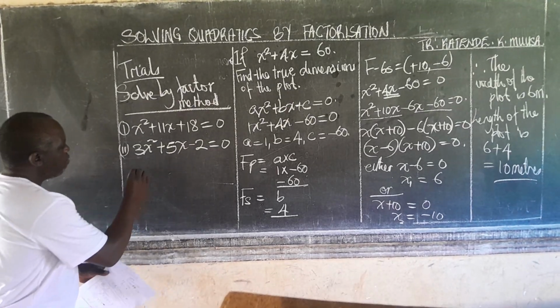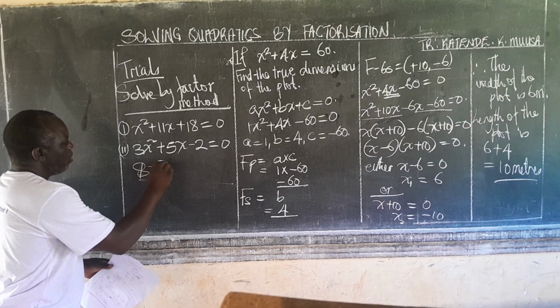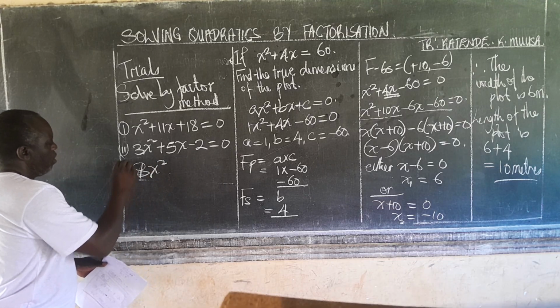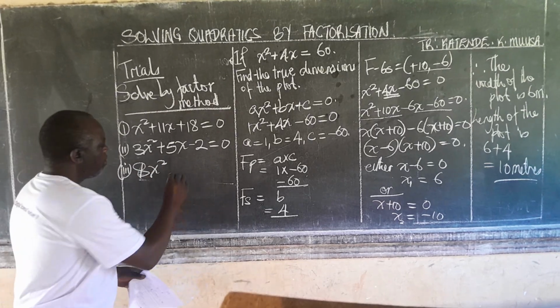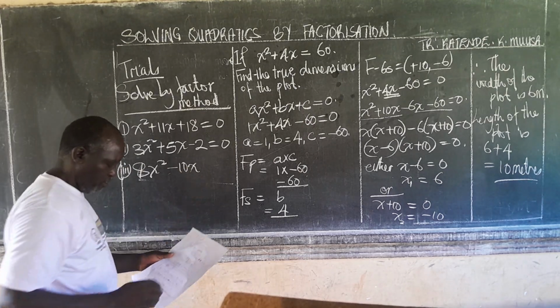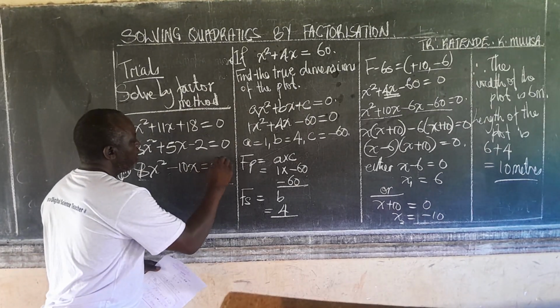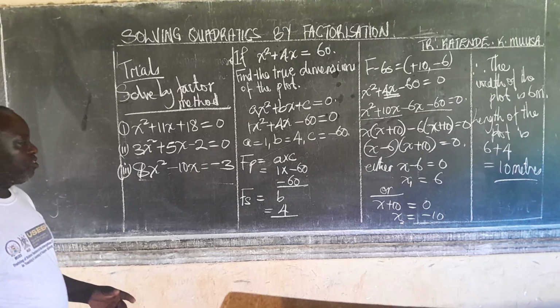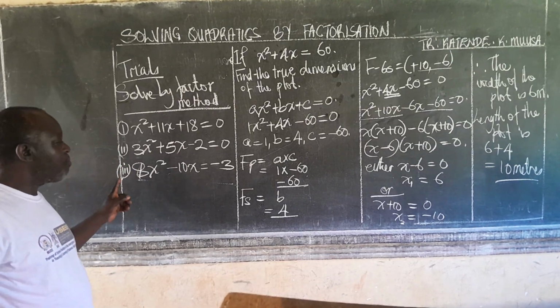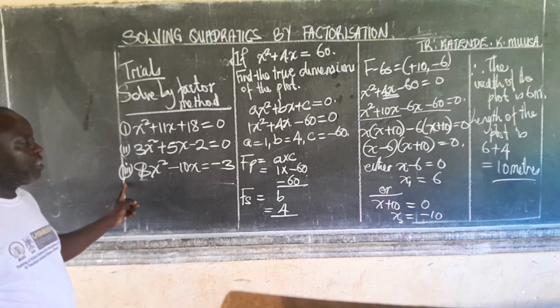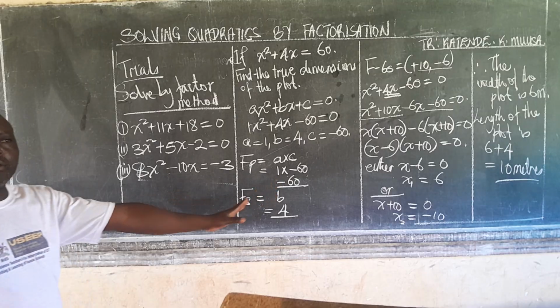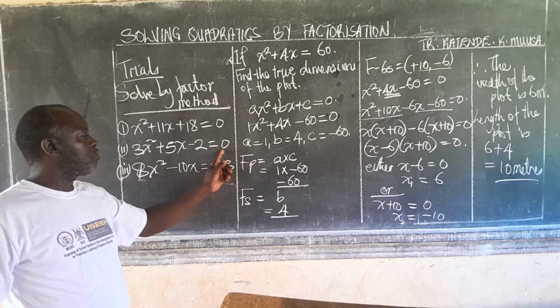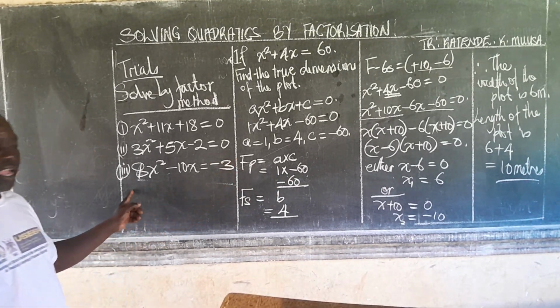And lastly, number 3: 8x squared minus 10x equals minus 3. Now take note, for Roman number 3, never forget that on the right only 0 has to be put there. Therefore, you have to move this one and redraw this side.